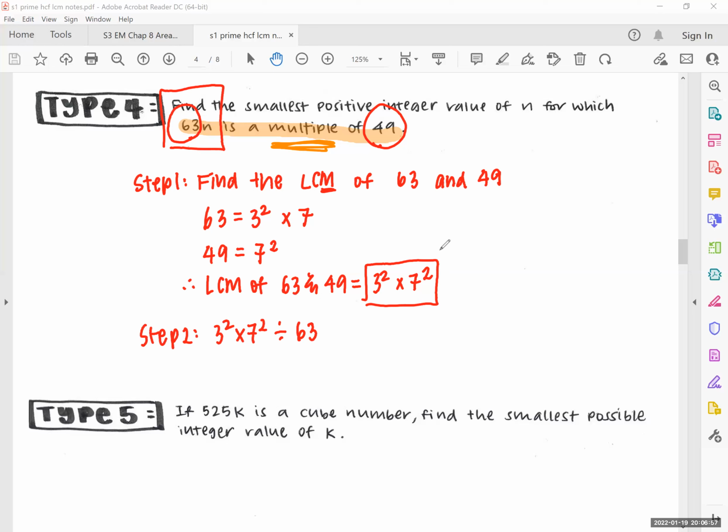From here, you know that 63n is actually equal to 3 squared times 7 squared. Got it so far? So you want to find n, because the question asks you to find n. It's just basically algebra. You take 3 squared times 7 squared and divide it by 63, and that will give you your answer. Understand? So what is the answer for n? 7. Yep. And that is for type 4.